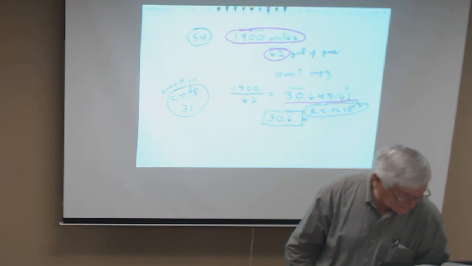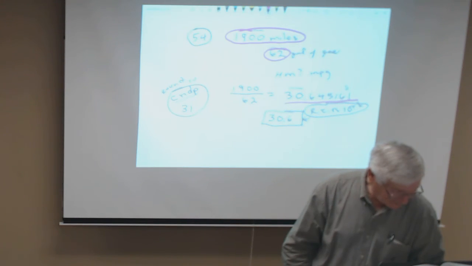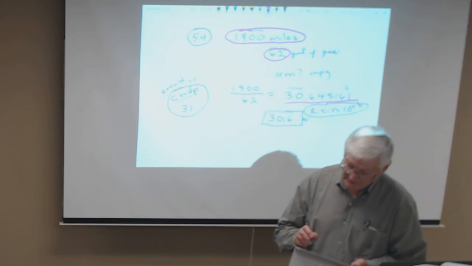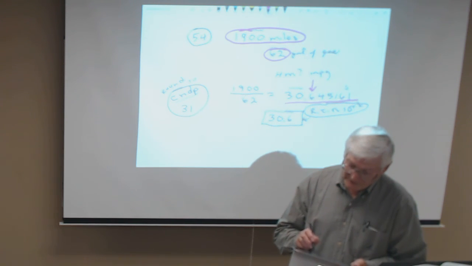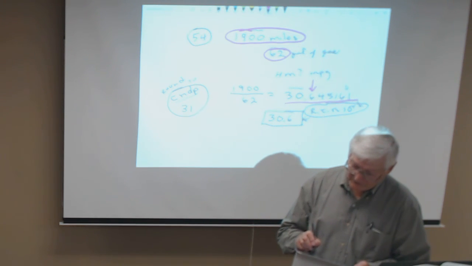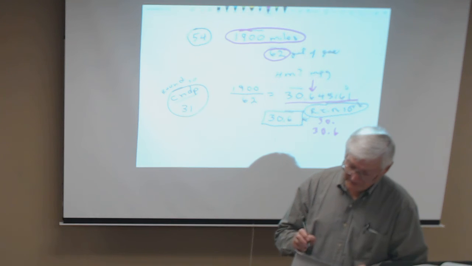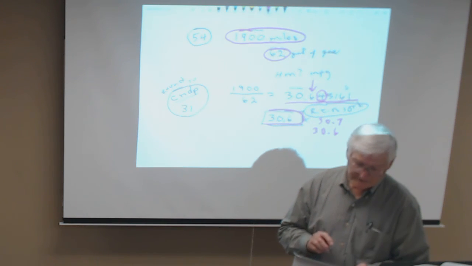What did 54 want me to do? Round the answer to the nearest tenth. The nearest tenth would be right there. So the nearest tenth means do I leave it 30.6 or do I make it 30.7? And you look at the 4 and what do you conclude? You leave it 30.6.